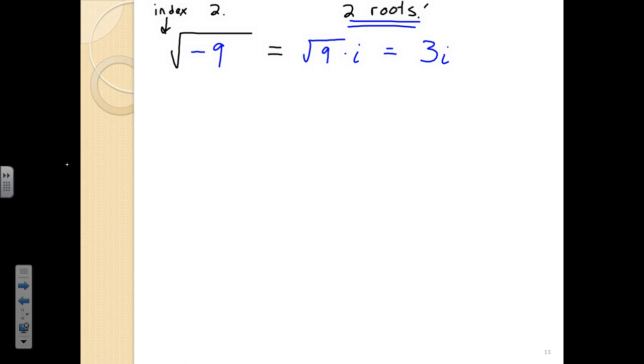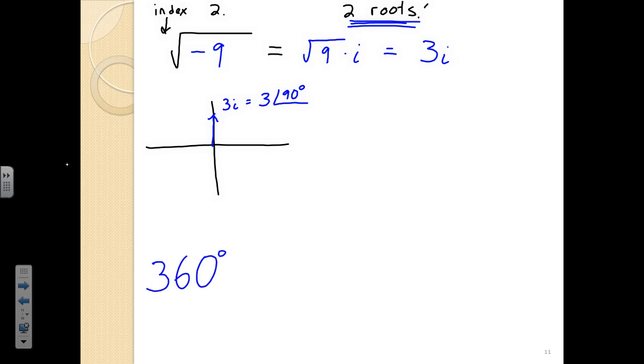So where are they? Well, let's find the one that we have in the Cartesian plane. 3i, that's 3 units pointing straight up. There it is. That's 3i, or better known as 3 at 90 degrees. But here again, we know there's got to be two roots, and they've got to be evenly spaced.